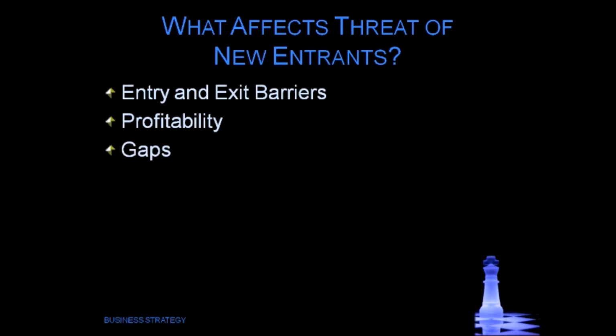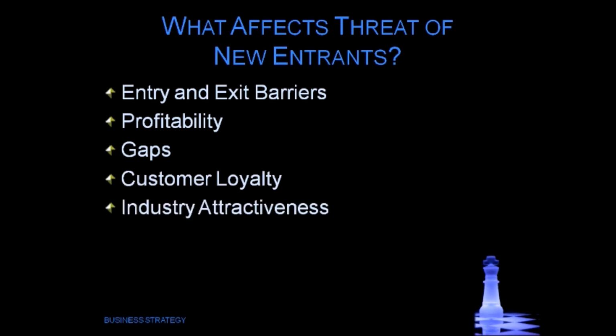If there are gaps in the industry, mostly geographic, but they could be niche gaps, then the threat goes up. If there's strong customer loyalty, the threat will go down. If the industry is attractive, and that means low rivalry, low power of buyers, low power of suppliers, few substitute products, then the threat goes up.